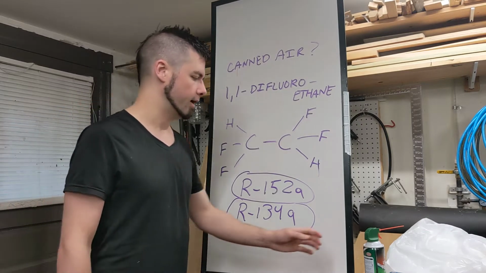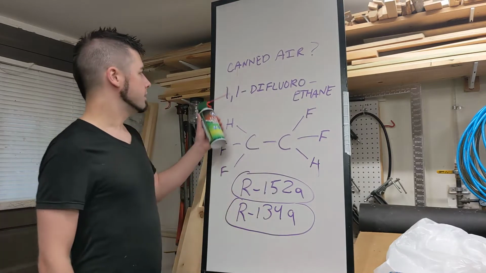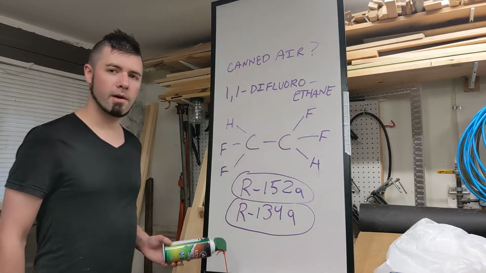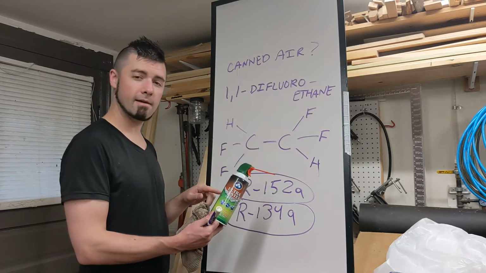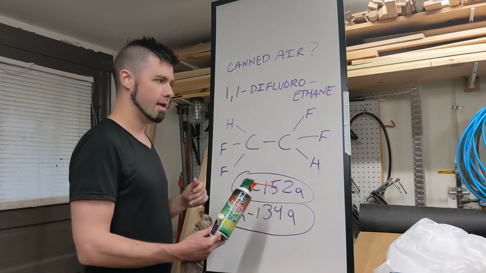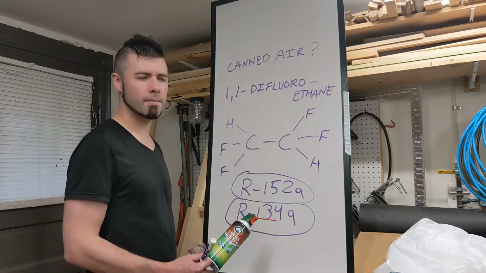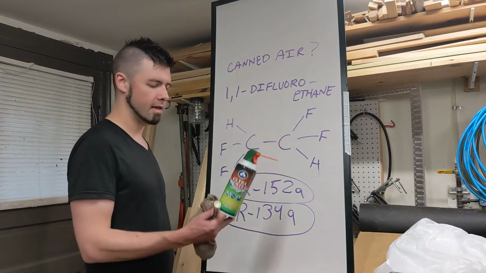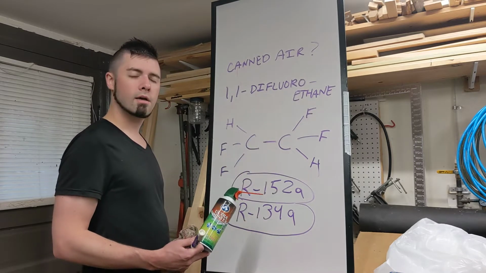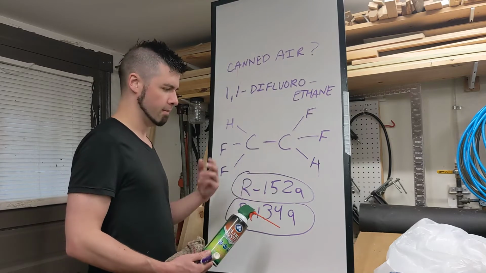So I can get myself some R152 or R134, tetrafluoroethane, and start pumping the gas into this can. And once I hit something like 120 psi in the case of 134, or maybe like 80 psi in the case of 152, the gas will just start condensing into a liquid. So we go from gas to liquid.